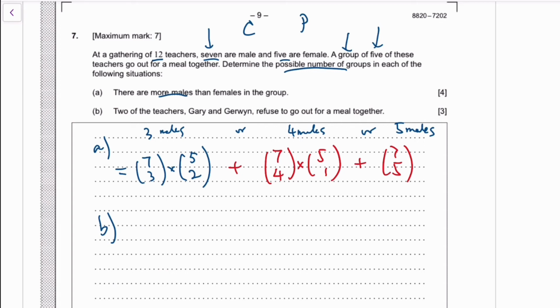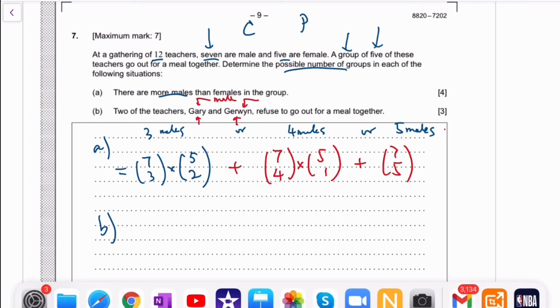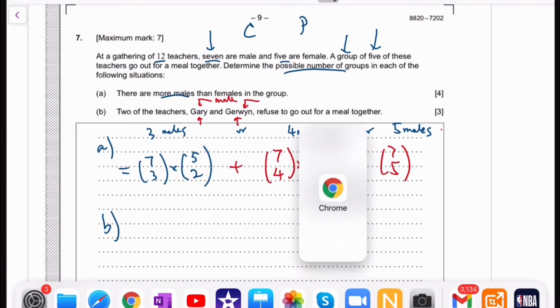2 of the teachers, I'm guessing I'm supposed to know whether these are male or female names. I'm kind of sure Gary is a male name, but what is this? I mean, guys, I'm from Hong Kong. I'm not a native speaker of English. I mean, I'm sure you can tell from my accent.